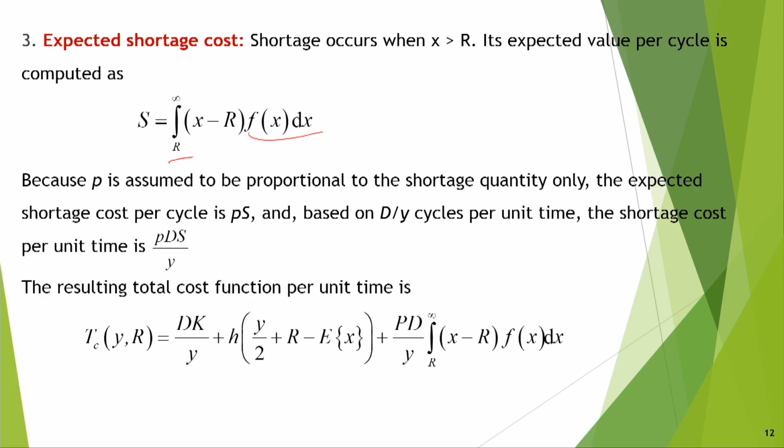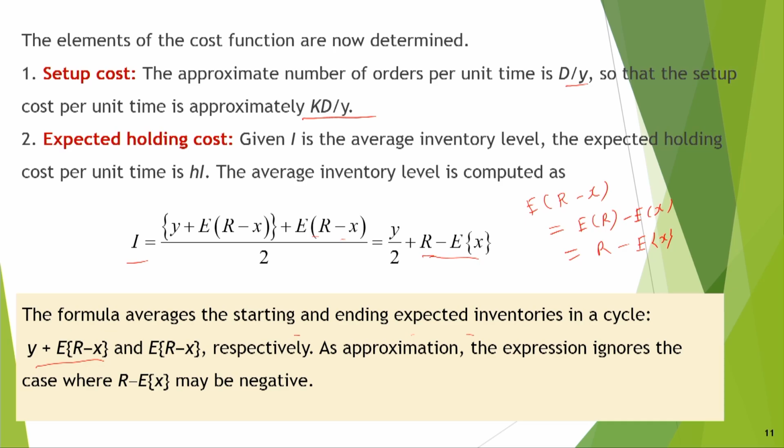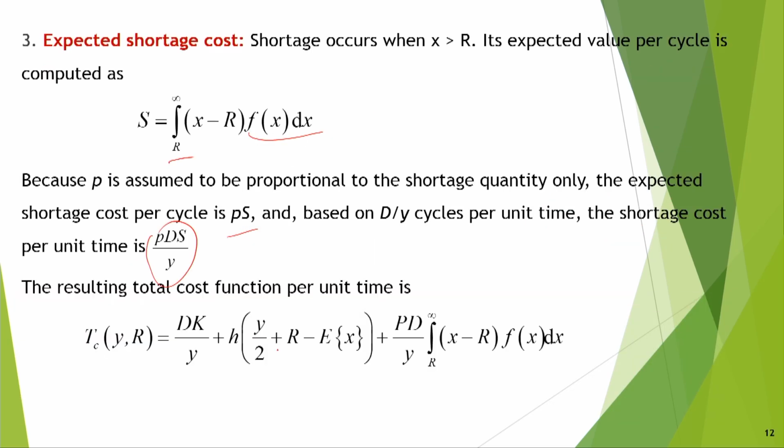Based on D by Y cycles per unit time, the shortage cost per unit time is P D S by Y, because I have multiplied PS by the number of cycles. The resulting total cost function per unit time is now TC(Y, R) equals KD by Y, plus H into this much quantity as holding cost, plus the expected shortage cost.